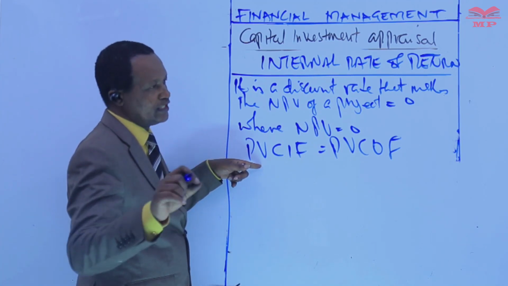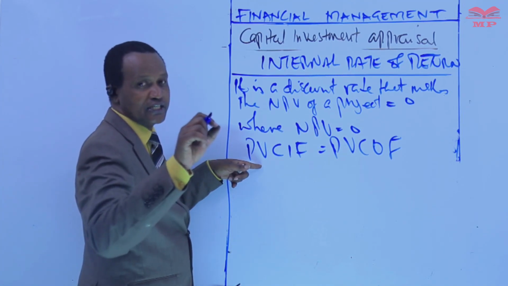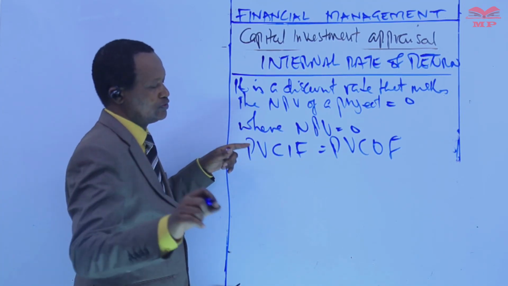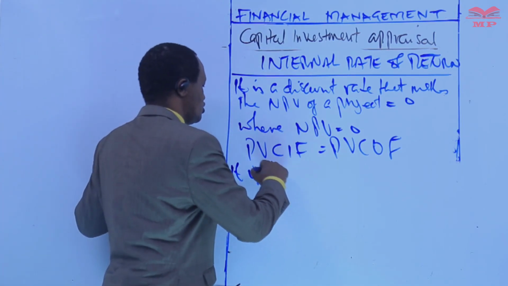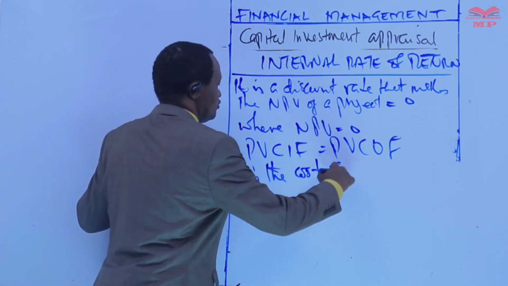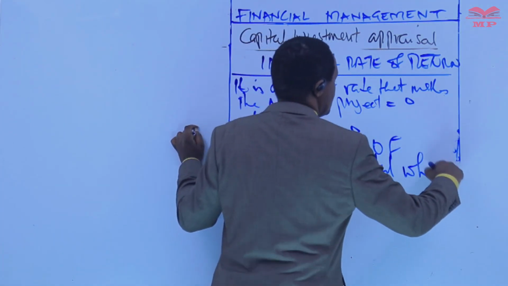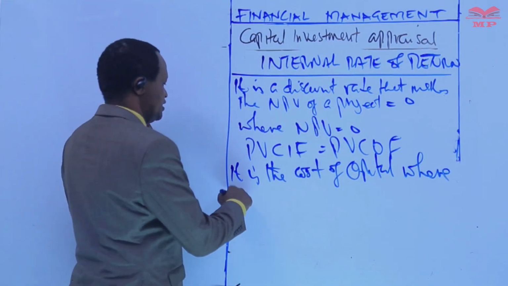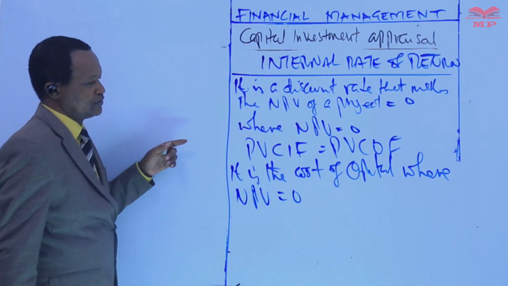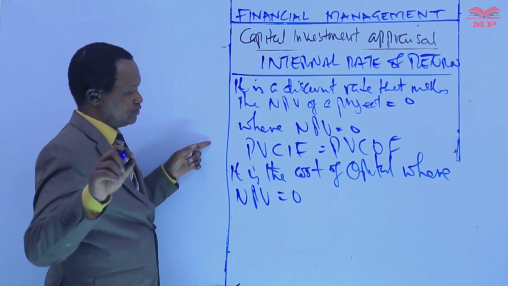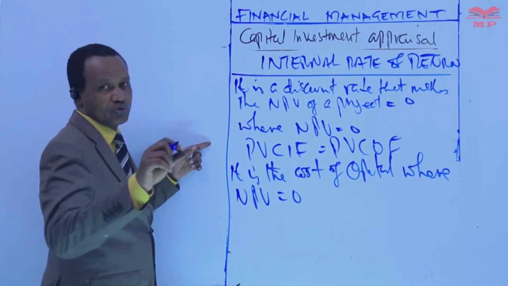That is to say, it is the cost of capital where NPV is equal to 0.